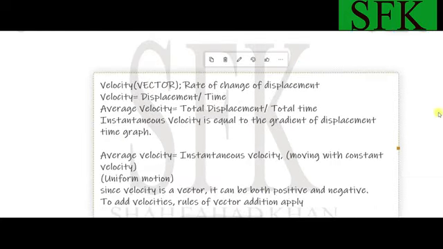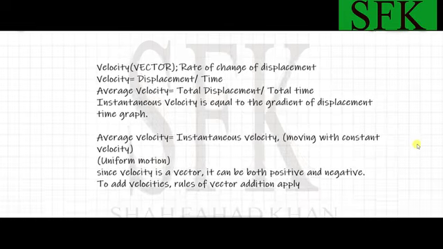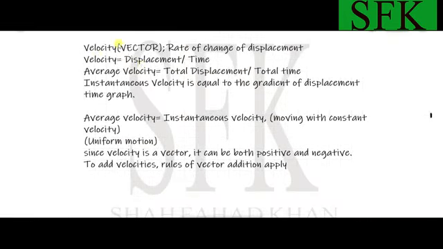Okay, now let's move towards velocity. Velocity, as I discussed earlier, is a vector. Velocity by definition is the rate of change of displacement. This definition is important and has been repeatedly asked in the exams, so better learn it for one mark usually, but it might come for 2 marks, so 1 to 2 marks.